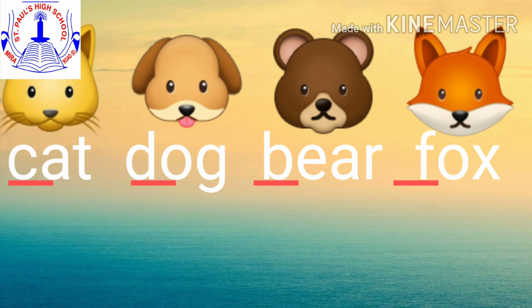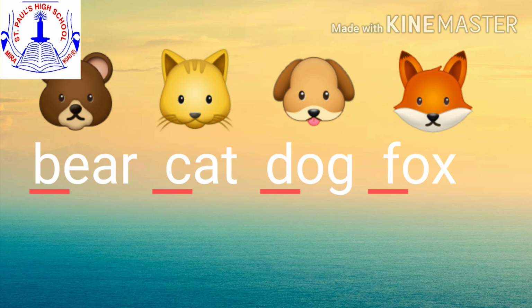Next is C. Any word starting with C? Yes. Cat. So the next word we are going to write is cat. Then D. Any word starting with D? Yes. We have dog. So the next word which we are going to write is dog. Any word starting with E? No. With F? Yes. So we are going to write the word fox starting with F. So our next word will be fox.